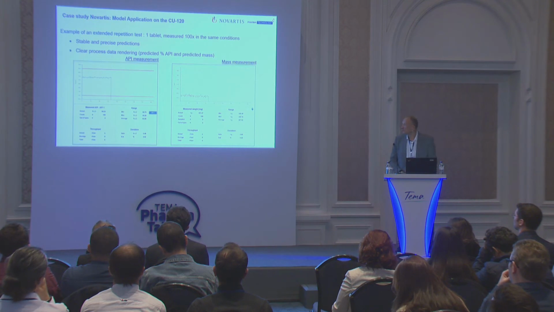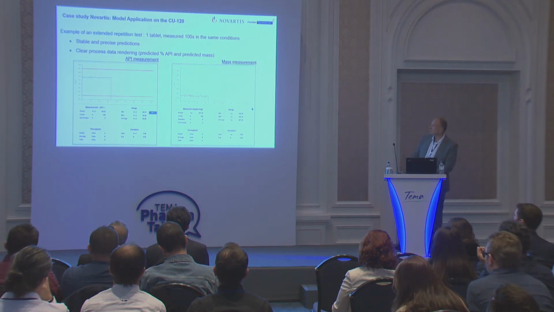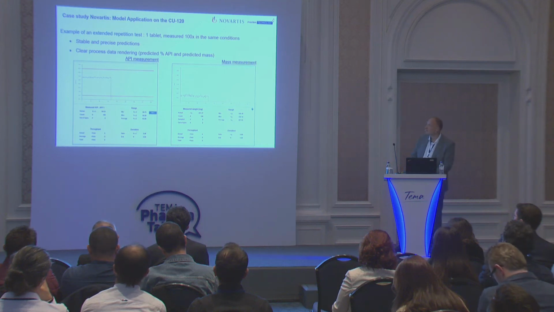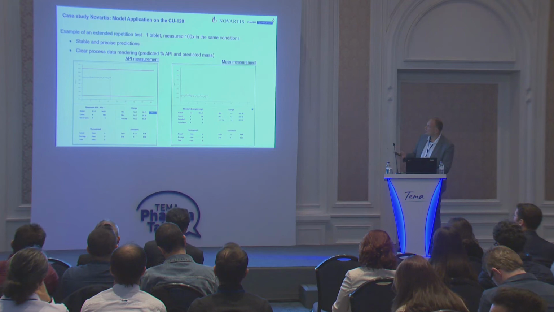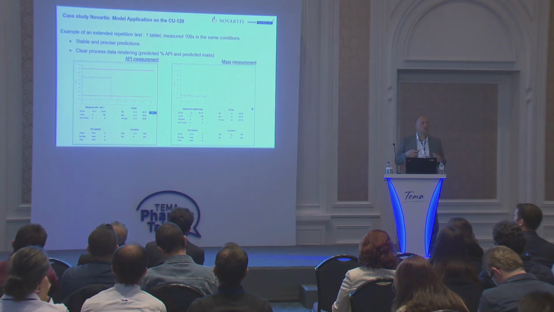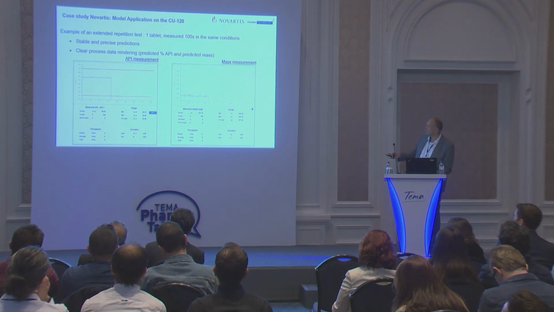Let's also see some results here. The first thing we did, we just took one tablet and passed it many times through, I think 100 times. We passed it through the CU120, and then we looked at the mass and at the API measurement. So we just look at the reproducibility of one tablet. The mass measurement, you see here, these are the results.